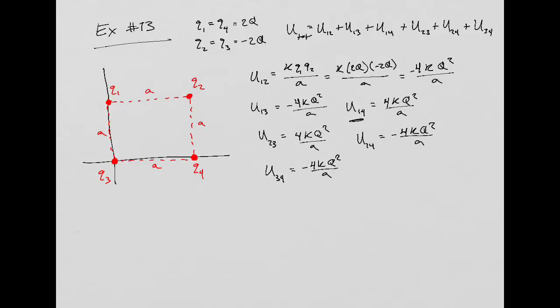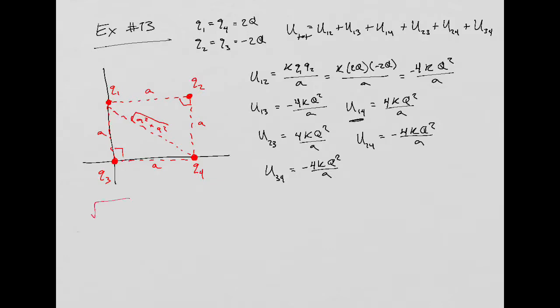The reason that it's wrong is those things aren't separated by a distance of A. Right? So if we look at the square here, those are really separated by a distance of the square root of A squared plus A squared. Right? Because we have a right triangle here and a right triangle here of sides A and A. Okay.